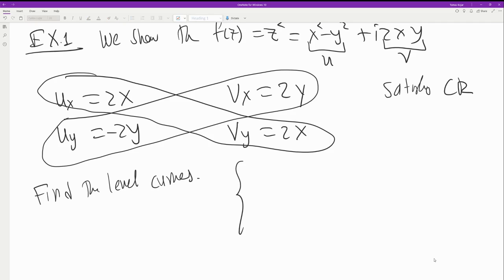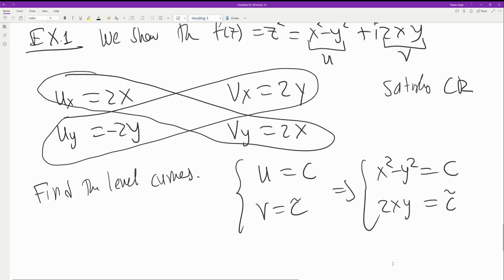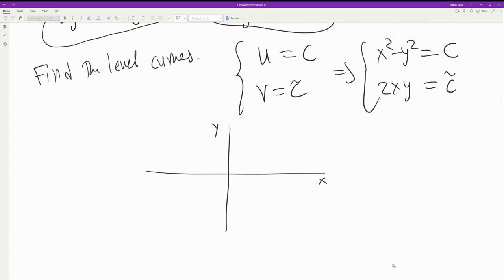So we have u equal to constant, v equal to constant. So x squared minus y squared is constant, and 2xy is constant. So let me draw the picture. So these guys are hyperbolas, like this.